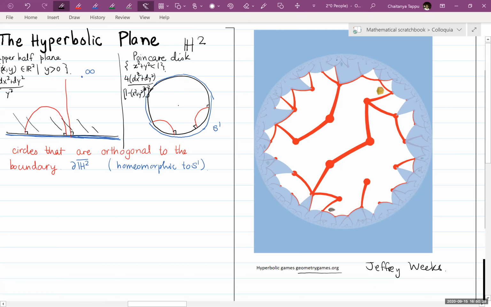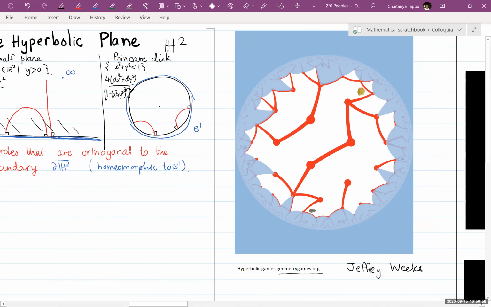So even though what you see near the boundary is very small, it really has the same sorts of lengths as these maze pieces over here. They're all congruent. Even though the stuff at the boundary looks smaller, it really has the same size. Okay, so that's the hyperbolic plane.